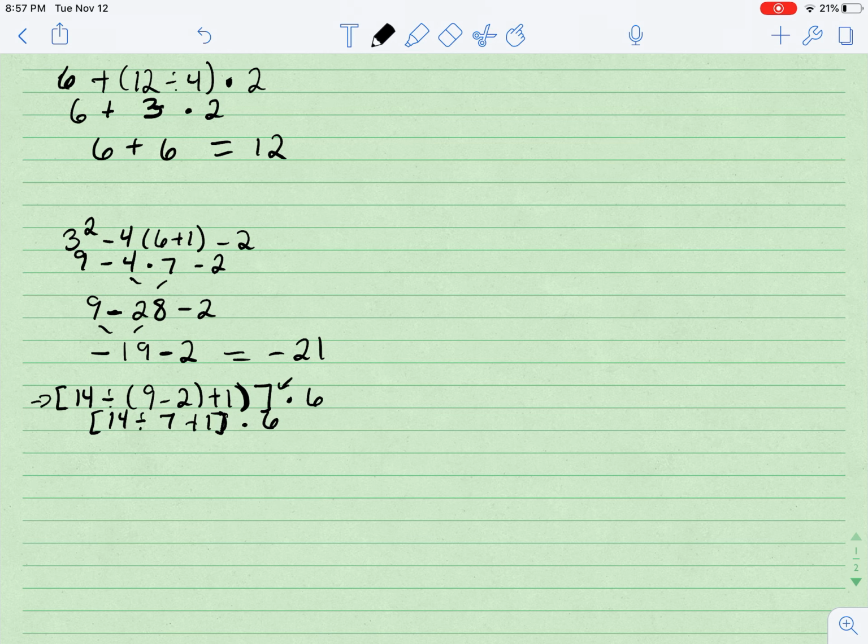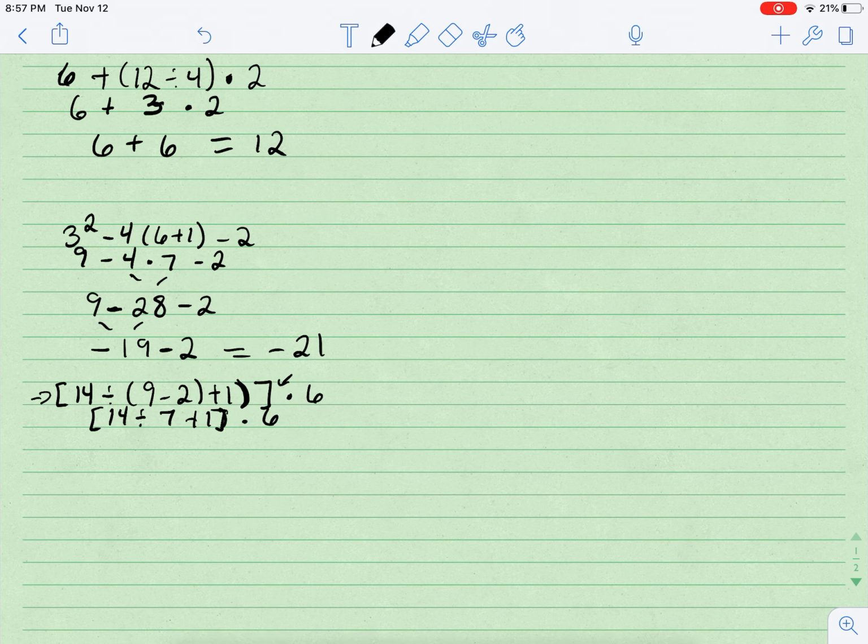Okay, so we've done parentheses first. Now we divide. 14 divided by 7 is going to give us 2 plus 1 times 6. We're going to finish off our bracket. 2 plus 1 is going to give us 3. Then we just have times 6. 3 times 6 equals 18.